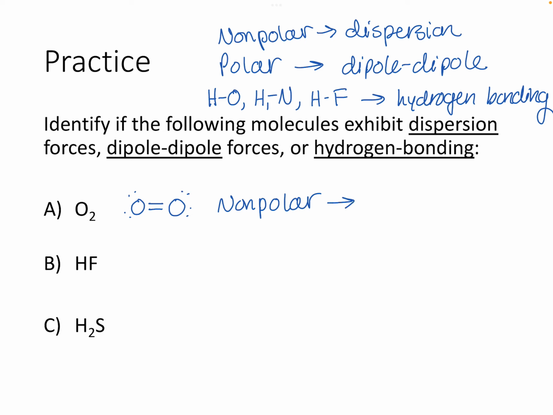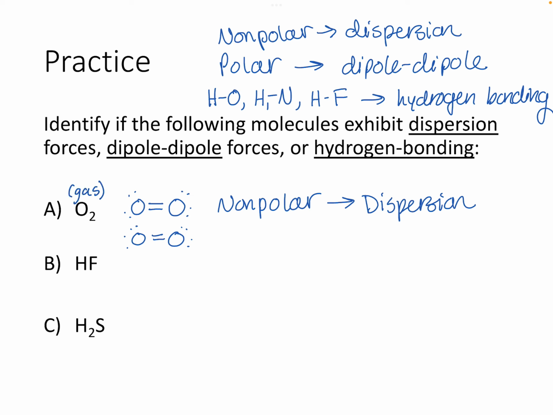So what type of force do we expect? Dispersion. So if we had another oxygen molecule nearby, these two oxygen molecules would only exhibit weak dispersion forces, and that's actually why oxygen is a gas, because it doesn't have very strong intermolecular interactions.